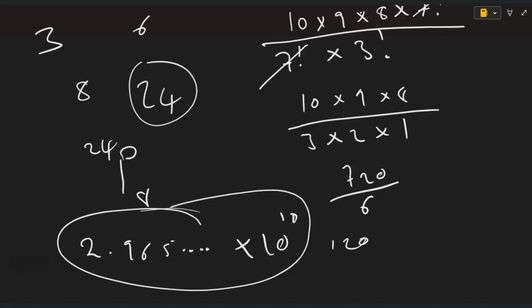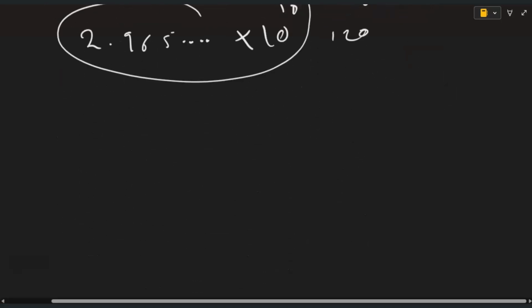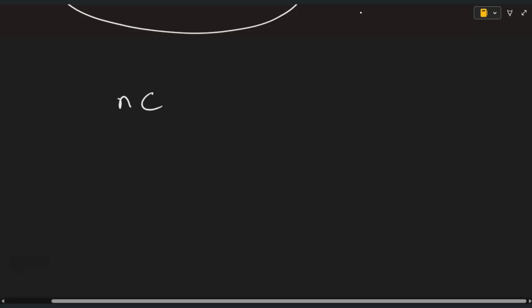Now this is the way to calculate if you don't have a calculator, or maybe you are restricted. But if you have a Sharp calculator, when you press second function and you look above the 5 on your 5 key, there is a combination symbol there, which is nCr.